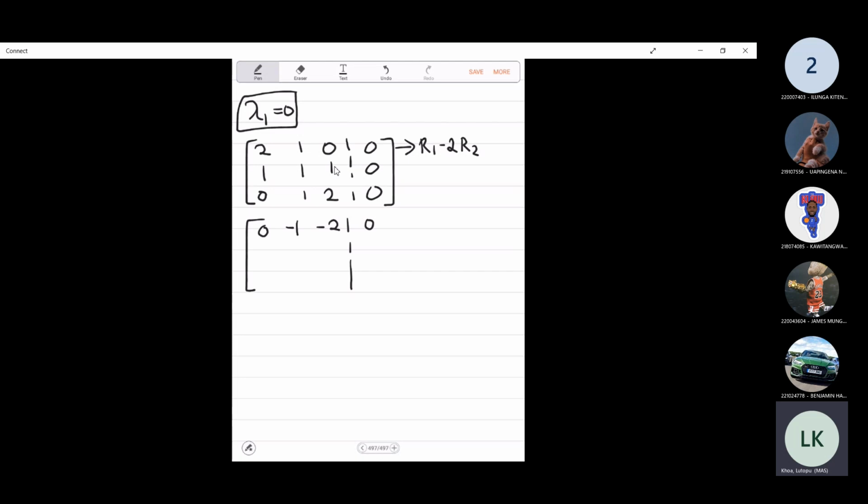Then this is 0. Then 1, 1, 1, 0, 0, 1, 2, 0. Then here I can just say row 3 plus row 1.